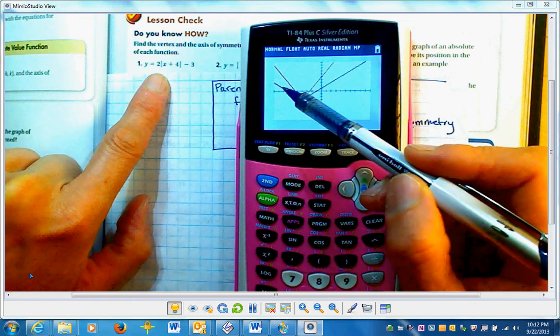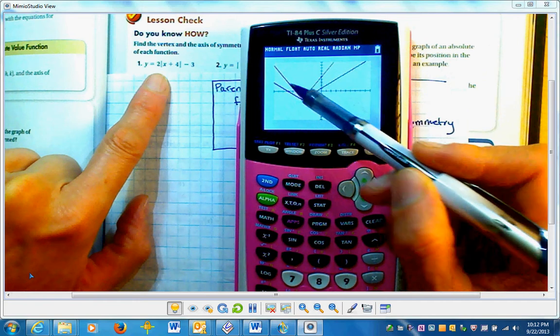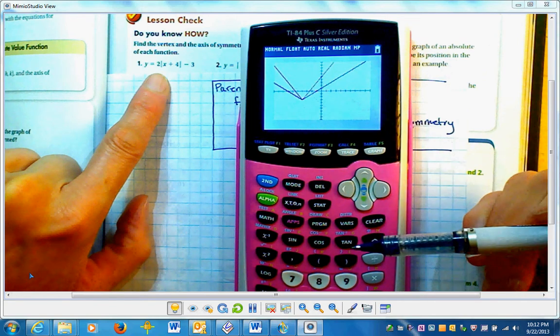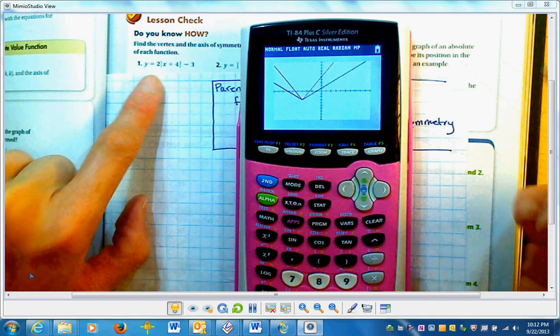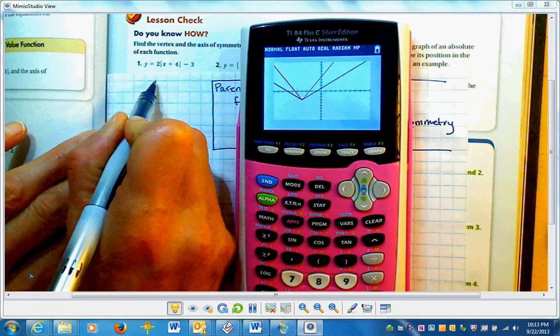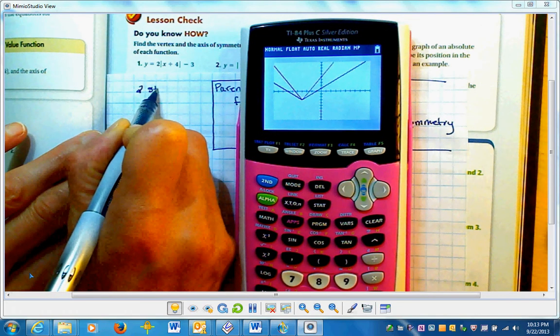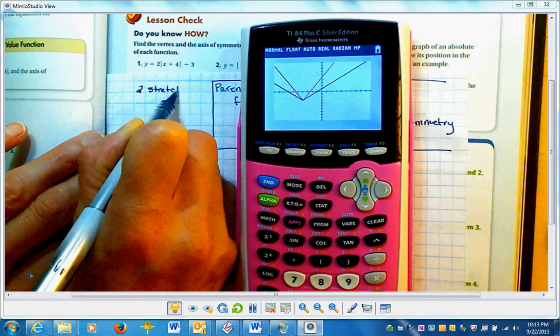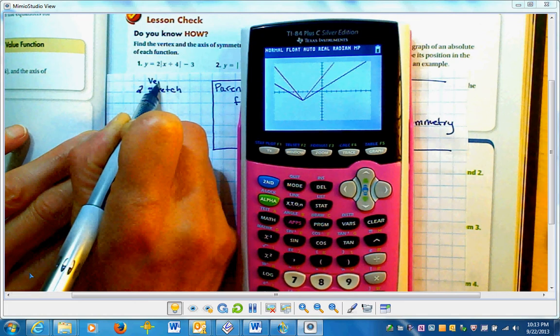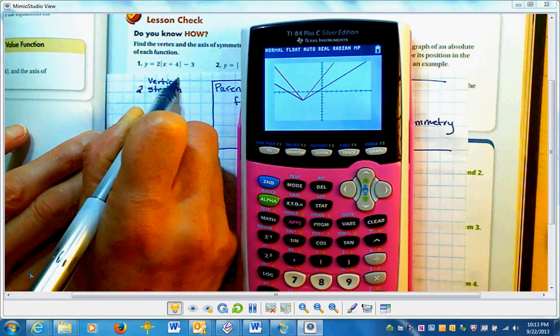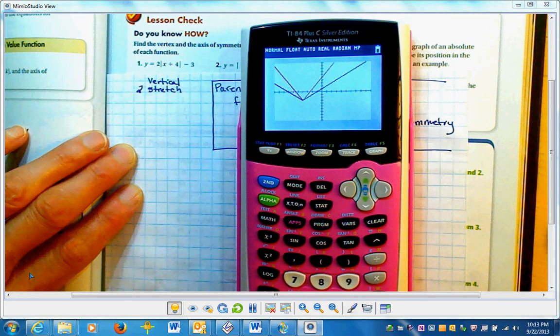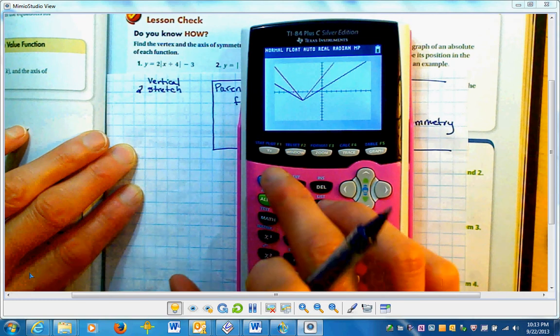So it looks like this 2 made my function get kind of squished a little bit. So the 2 was actually a stretch vertically. So that would be a vertical stretch by 2. Let's look at our table.